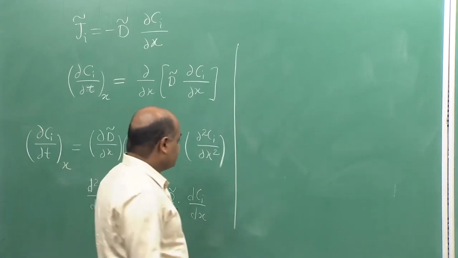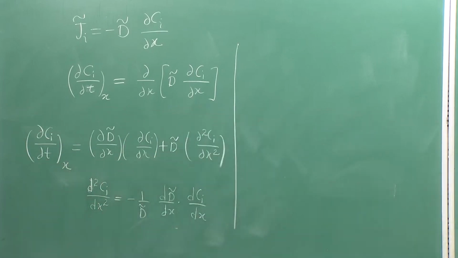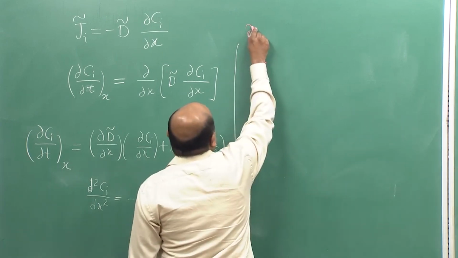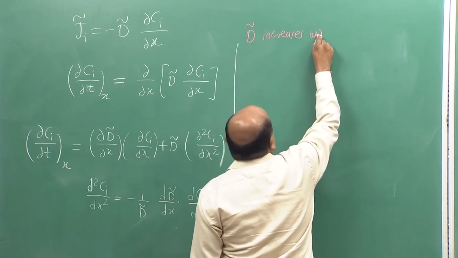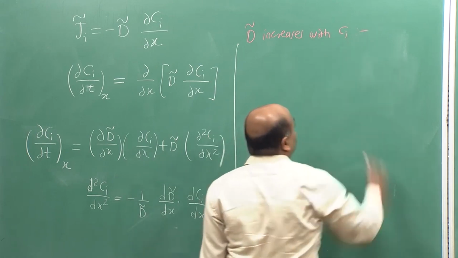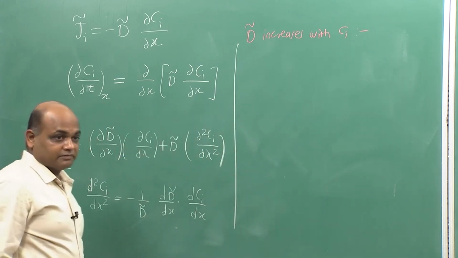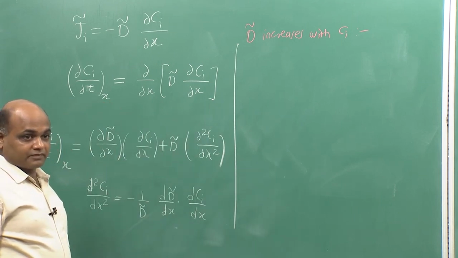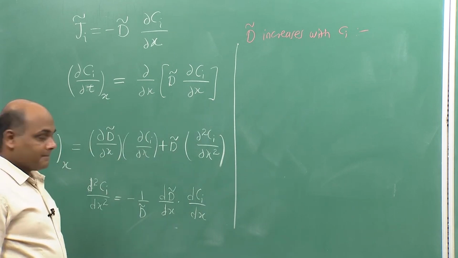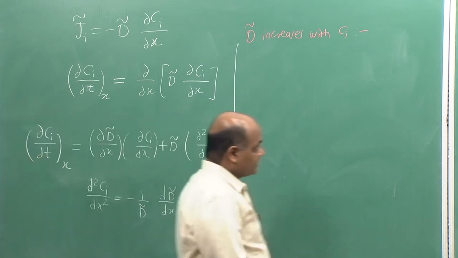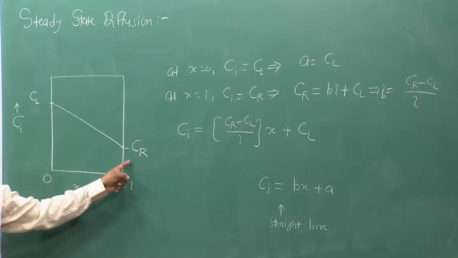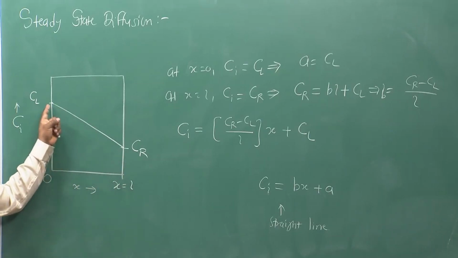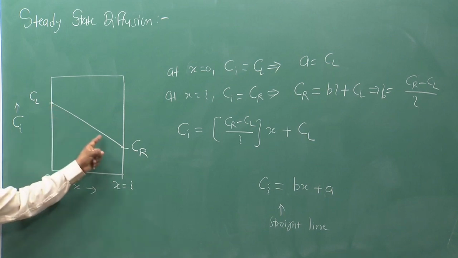So, suppose d tilde increases with Ci, then what should happen? D tilde is increasing with Ci, that means here we know the concentration is decreasing from left to right, right. So, here d tilde is decreasing with x.